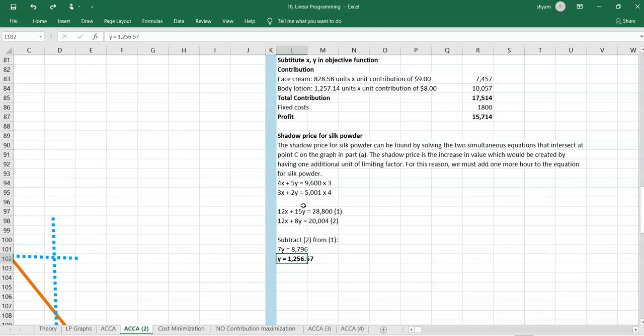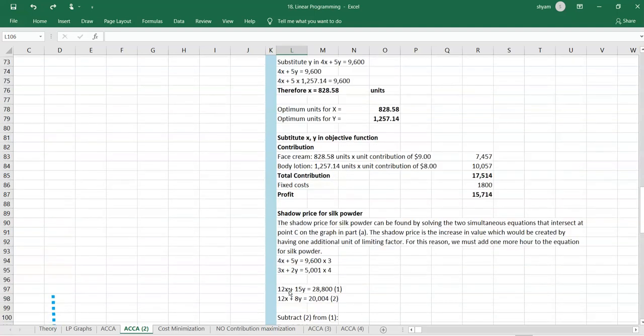Substitute this in, ideally you should substitute this in this formula only, not in the other formula. Let's get the answer. So we have substituted there and we have got our new x. This is our new x now. So our old x and y will be different from this.